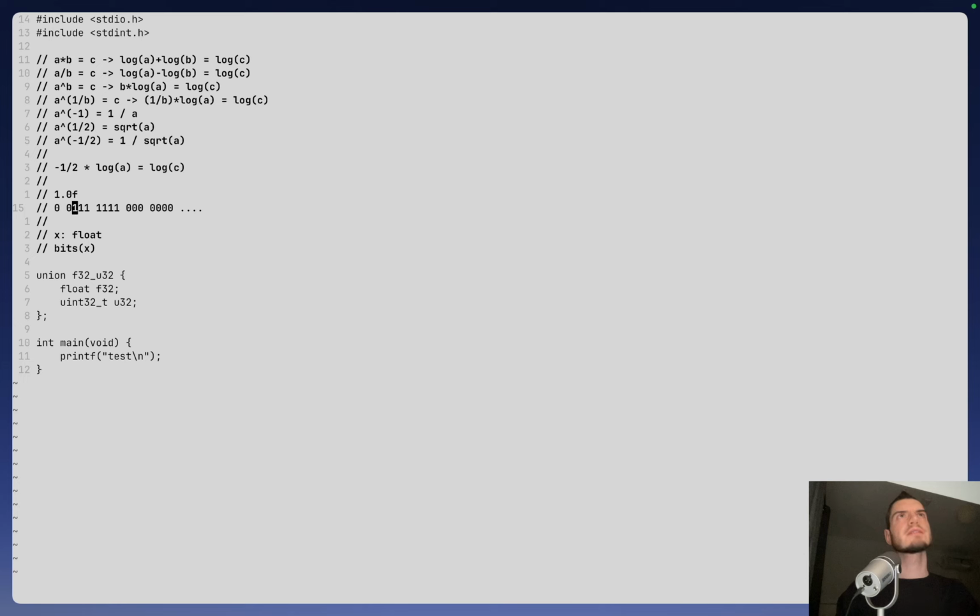Actually, I think it's in the billions, because the maximum 32-bit integer value is 4.2 something billion. So at this point we have 1 point something billion.